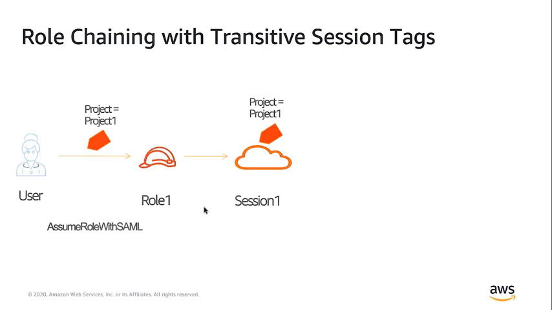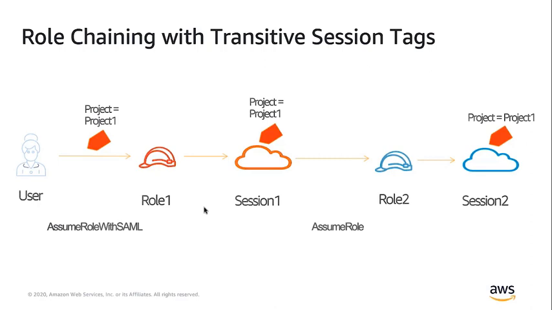Now, let's say role 1 has permissions to assume role 2, and role 2 has a trust policy to allow it to be assumed and tagged by role 1. If we define the project tag as transitive, and we'll show you how to set it up shortly, IAM will tag all subsequent sessions in the chain with the original tag value.